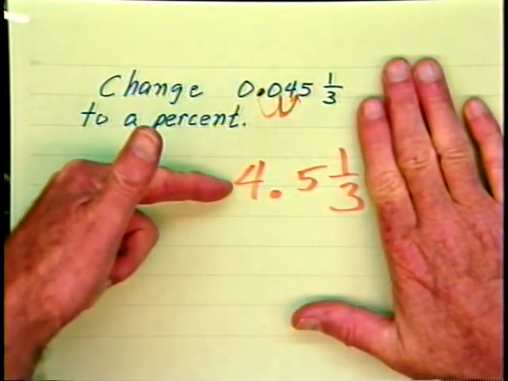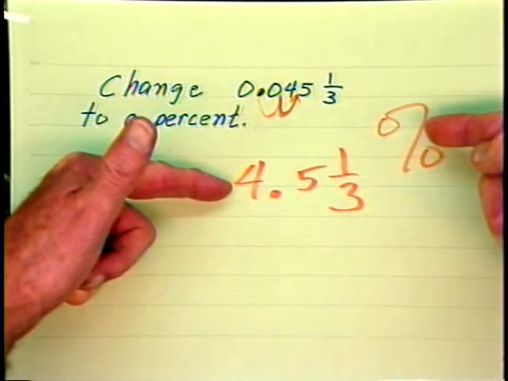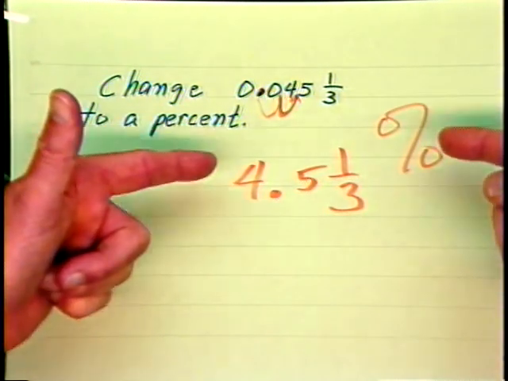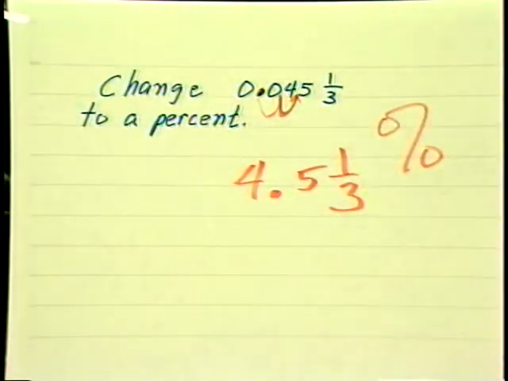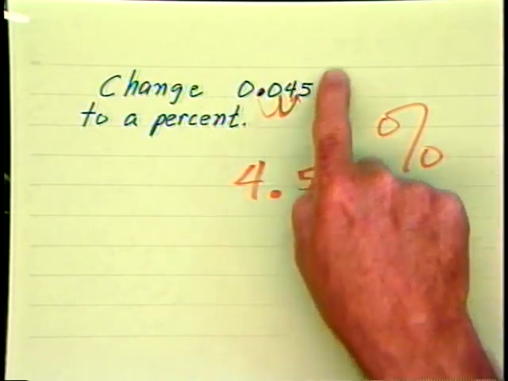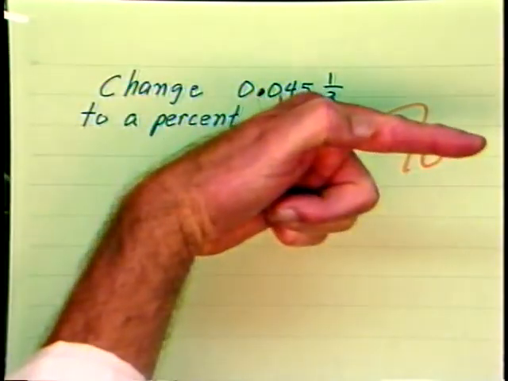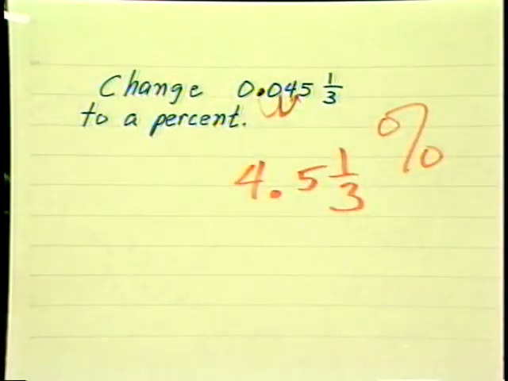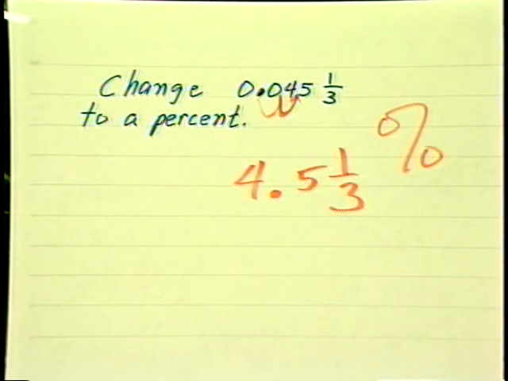This is now a different number. It's 100 times larger. But as soon as this symbol is there, it's telling me that this is just another way of saying this. Let's do a couple more of those and see how this sometimes will cause us to think a little bit, but to never change the rule of 2 places towards the percent.